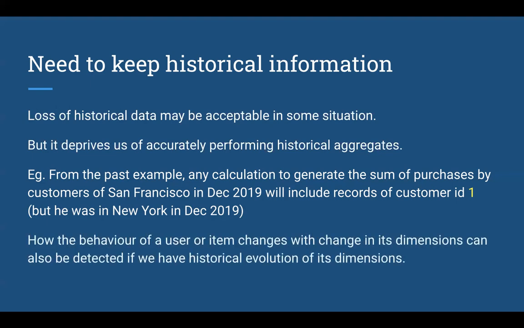Similarly, since we don't have the historical evolution of a record, we cannot see how the behavior of a user or of any entity, say an item, has changed with a change in its dimension value. So historical information can give us more insight and increase our capability of data analysis.